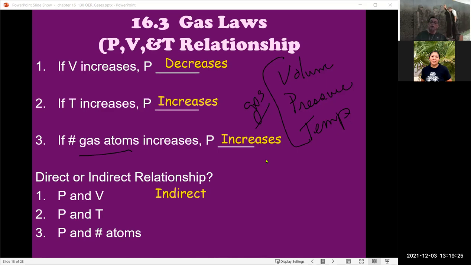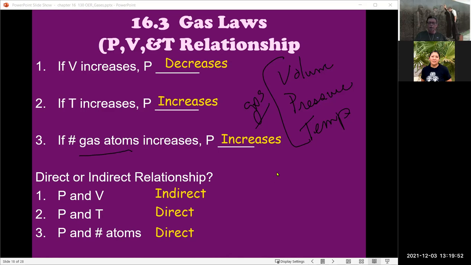That is a direct relationship. Okay. A direct relationship. And the same is true with the number of atoms, meaning that as we increase the number of atoms, the pressure increased. Both variables increase, one variable increases, the other variable increases proportionally. So that also is a direct relationship. Okay.